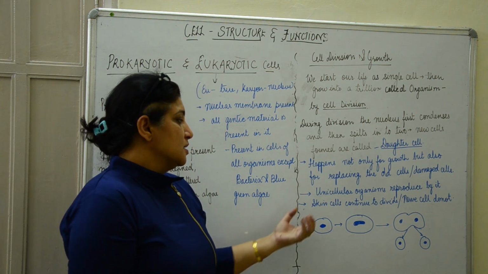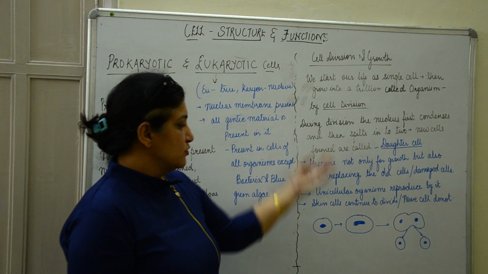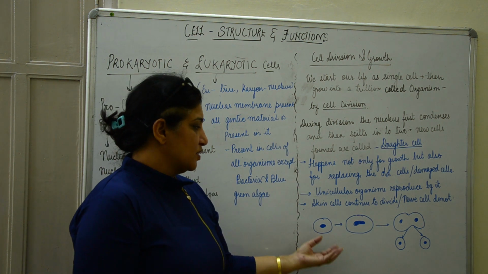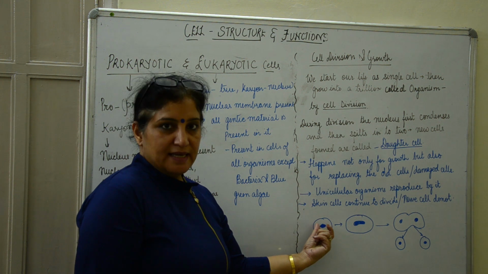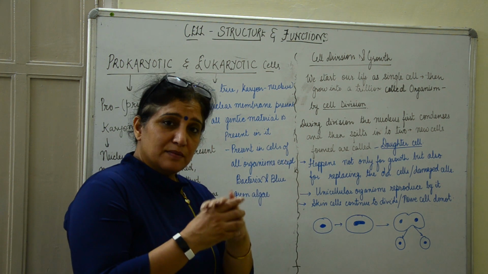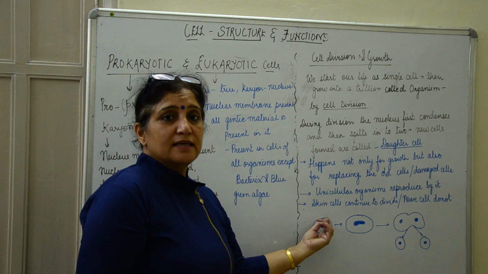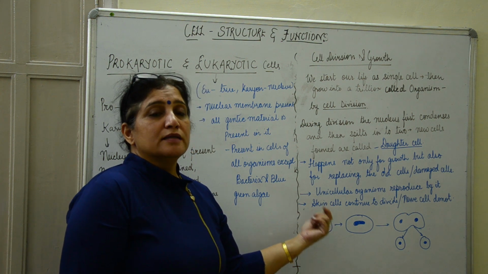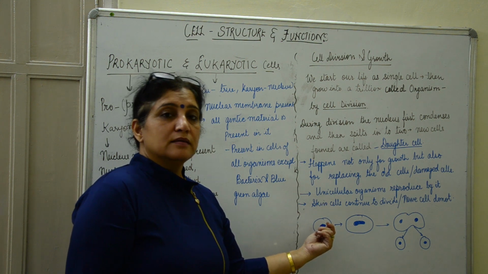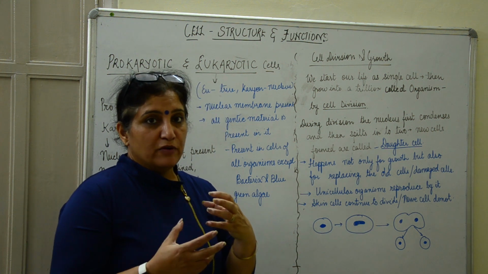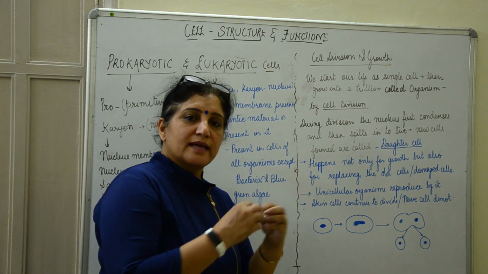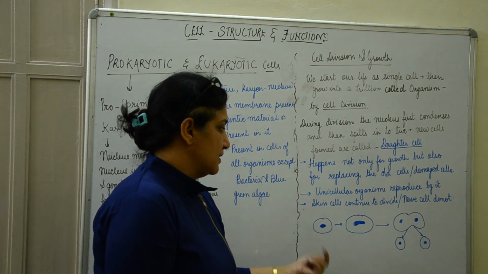If I have to show you diagrammatically what happens: this is a cell, and in this the nucleus has condensed. The nucleus material has come together, and this is the condition when you only see the chromosomes in the nucleus. So it is not floating in the form of chromatin material, it is only the threads, the chromosomes, that are visible at that time.